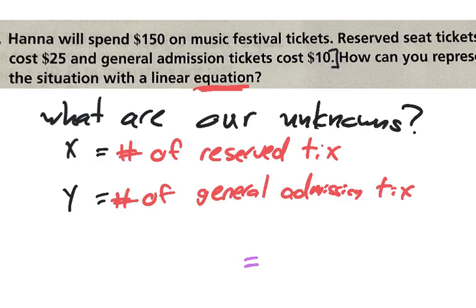Could have bought 6 reserved tickets, and that'd be it. Anybody got a different one? 2 reserved and 10 general admission seats would have gotten us to 150.